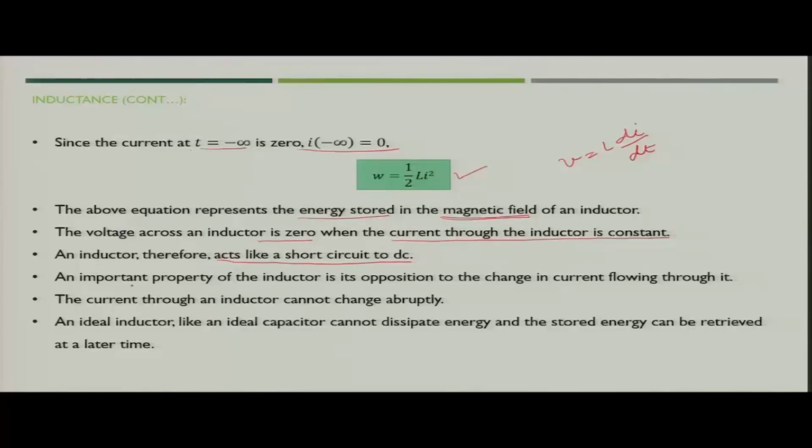An important property of the inductor is that it opposes the change of flow of current through that element, so the current through an inductor cannot change abruptly. Therefore, the ideal inductor, like an ideal capacitor, cannot dissipate energy, and it stores energy which can be retrieved at a later time.